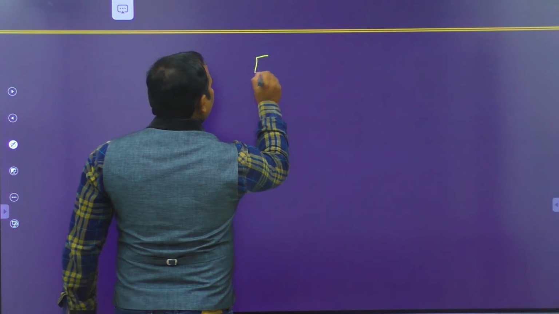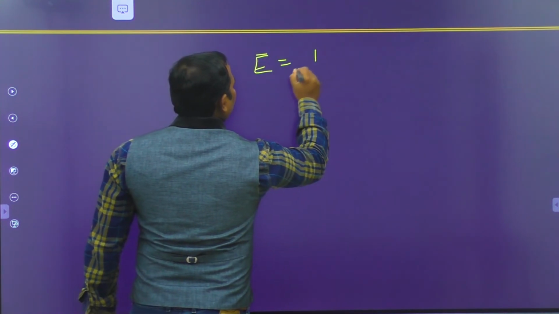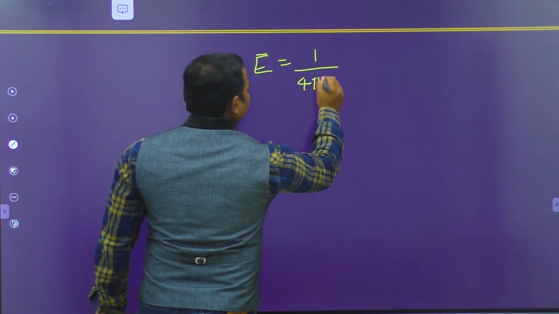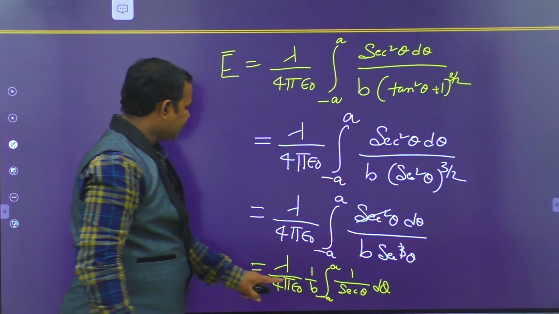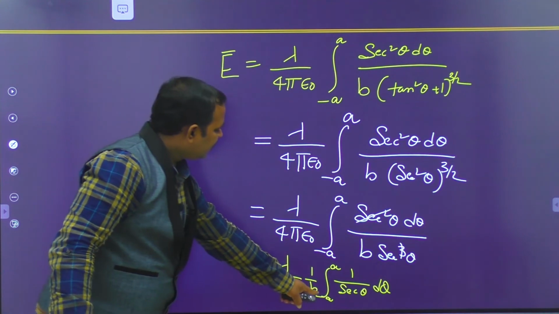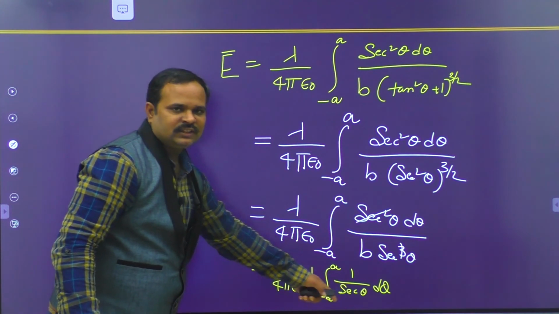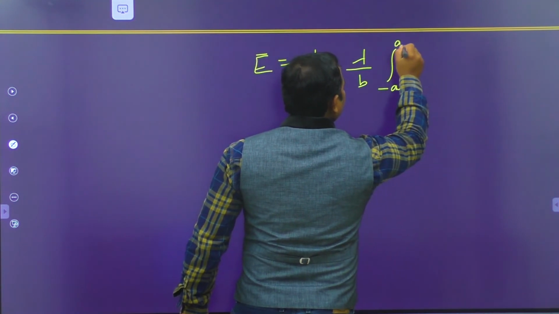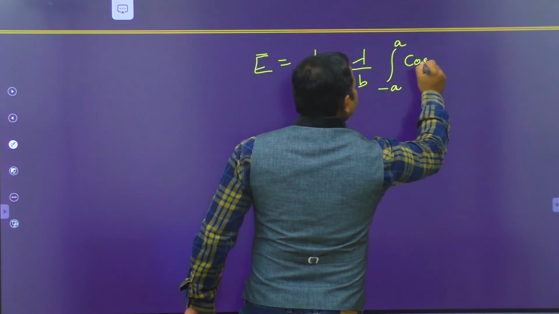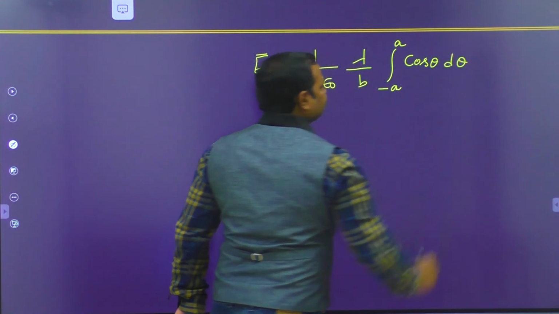Now E bar is equal to 1 by 4 pi epsilon naught, lambda by b, integration of 1 by secant theta, that can be written as cos theta. Integration runs from minus a to plus a, cos theta d theta.